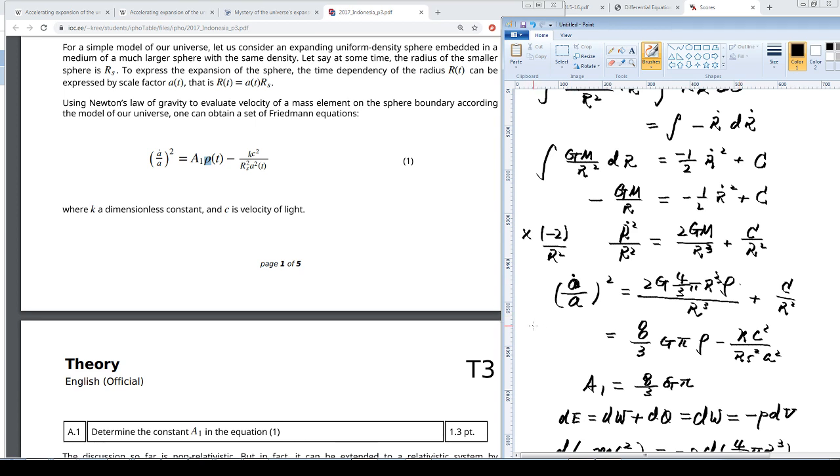So 1 per second squared. Newton meter squared per kg squared times kg per meter cubed.